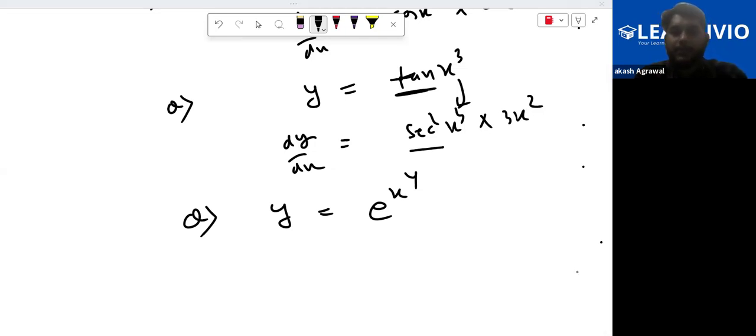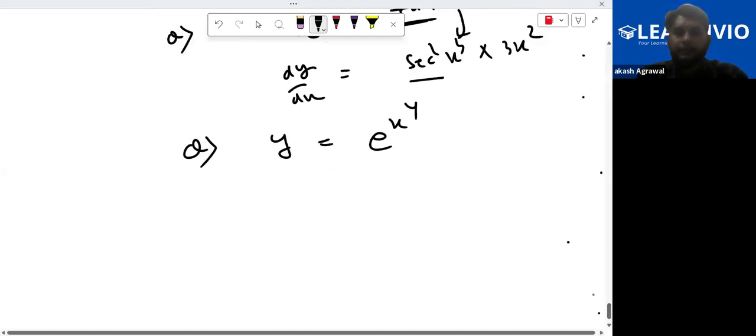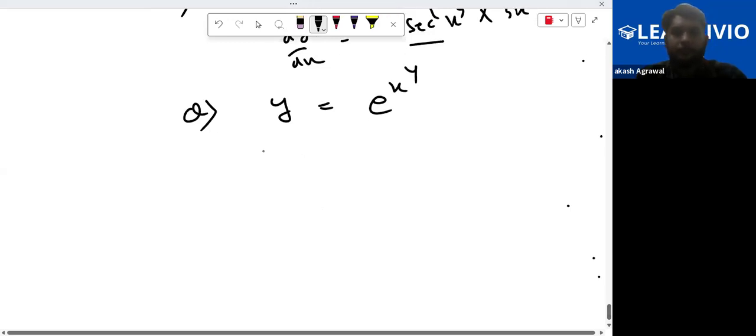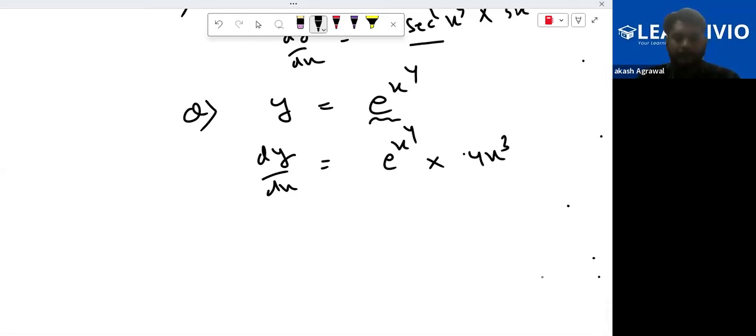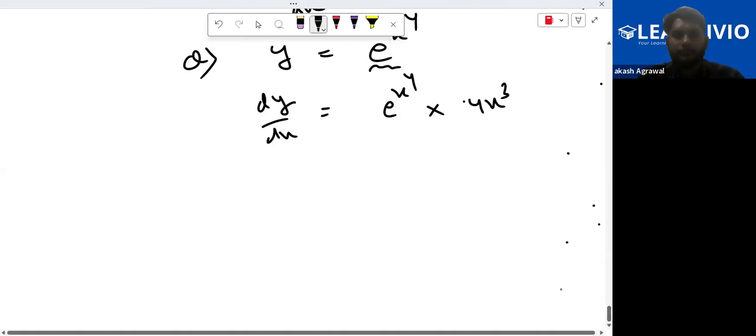Nobody got the answer to this? e to the power x to the power 4 stays as it is. Differentiation of x to the 4 is 4x cube. Okay. Yes, everyone.